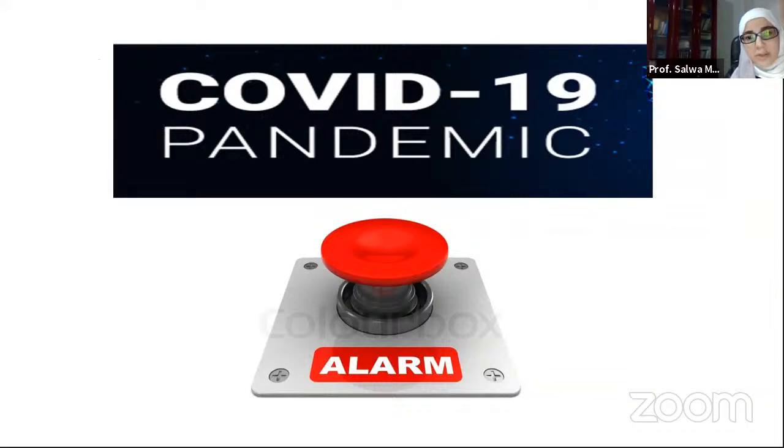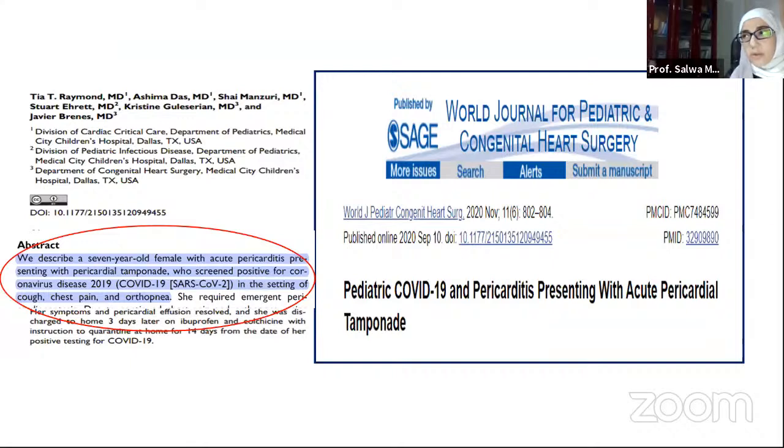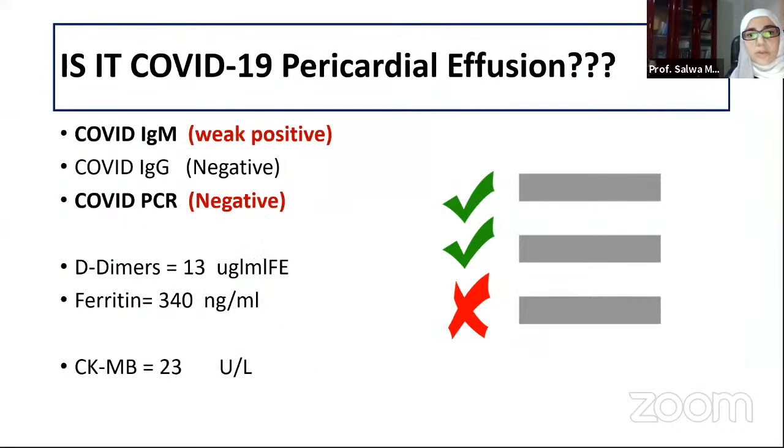As we are in the COVID pandemic, we suspected she has COVID, and we actually found case reports about children COVID-19 positive presenting with pericarditis and pericardial tamponade, and they screened positive for COVID-19 by PCR. She did COVID-19 investigation. She was weakly positive for COVID IgM. IgG was negative, and her COVID PCR was negative.